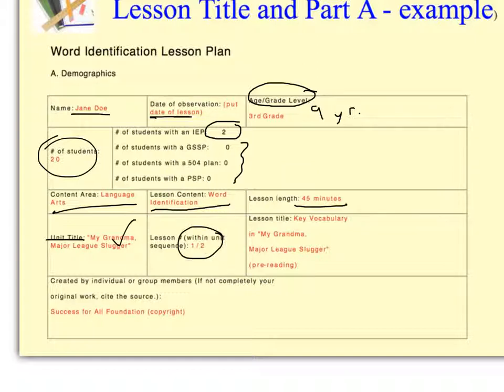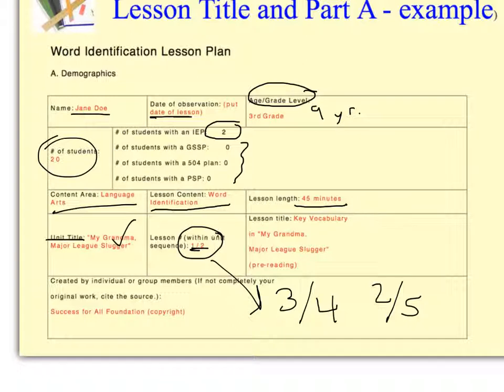This is a must. Notice it says lesson number within the unit sequence. So, if you are teaching a lesson, for example, on math, and this is the first lesson of 2, this is the way you would record it. It might be the 3rd out of 4, or the 2nd out of 5.